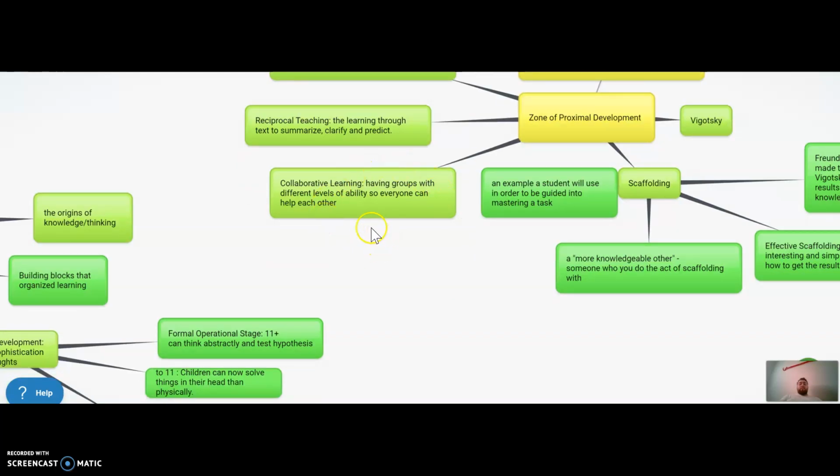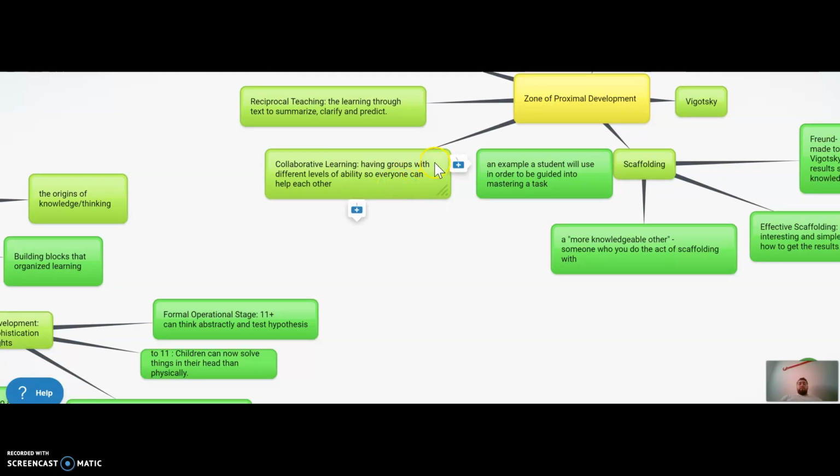And also collaborative learning is put into the zone of proximal development, because you are having groups with different levels of ability so everyone can help each other. So what we're looking into is how there could be different groups with different kids with different levels of ability.